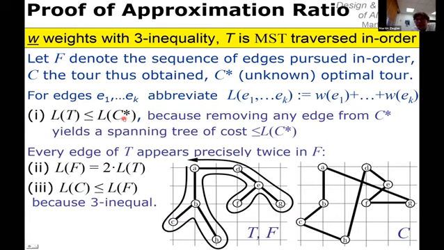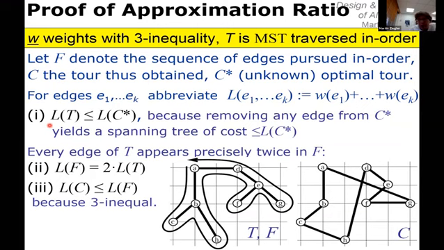Now we have a handle on the cost of this optimal tour, which is the key, right? We don't know much about the optimal tour, but still we have to compare to it in our analysis, and that's the purpose of inequality 1, to get a lower bound on the cost of this unknown optimal tour.